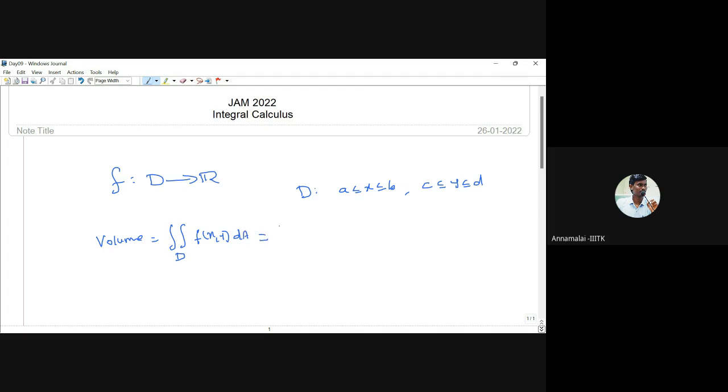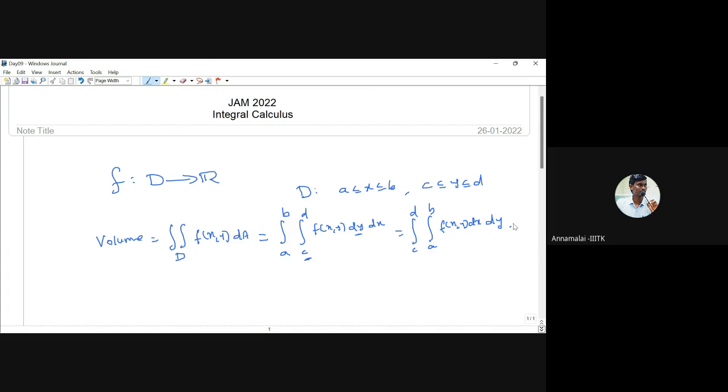If you know the exact limits, you can write the integral from a to b, this is the x limit, and this is the y range, f of x comma y dy dx. So first dy, because we take the limit of y. Otherwise, you first take c to d and then integral a to b, f of x comma y dx dy. Okay, both are equal.